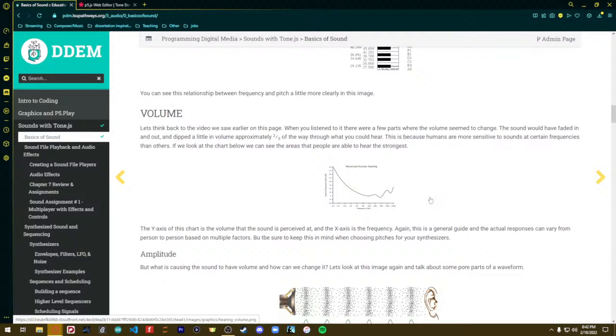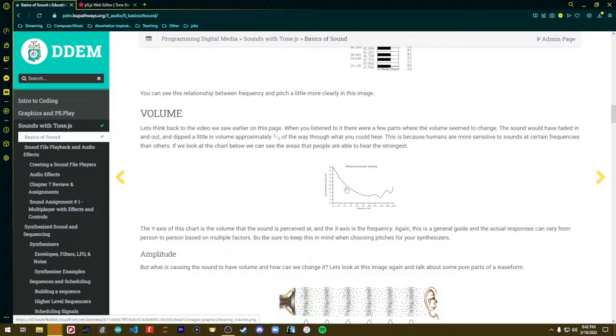This may change, and it has a lot of the same factors as perceiving the frequency. Over here on this graph is the perceived volume of a sound as the frequency goes up. We can hear a fair bit of low end noises, a lot of those loud sound effects, super bassy stuff we can hear really well.